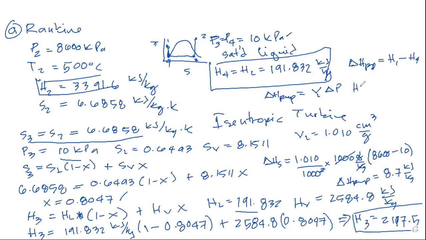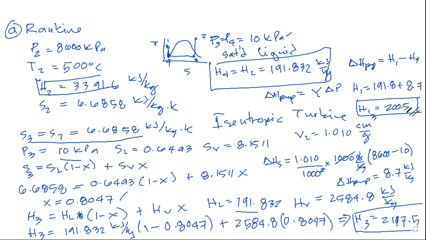So H1 is equal to 191.832, let's just say 191.8, plus 8.7. So H1 is about 200.5. Question? So basically, we have now obtained H1, H2, H3, H4.